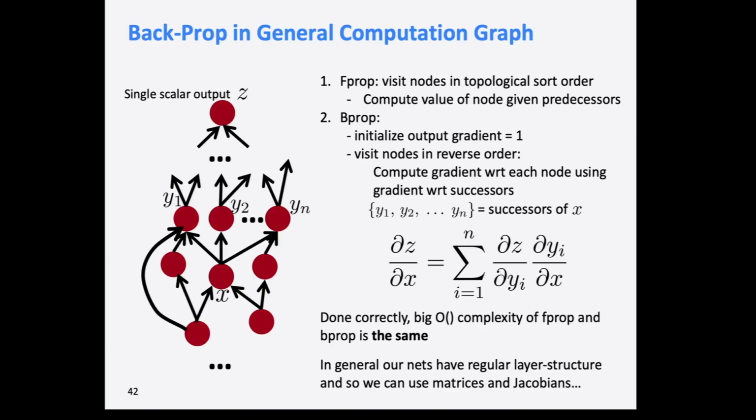Okay, so then after that we do our backward pass, and for the backward pass we initialize the output gradient with 1. The top thing is always 1, the partial of z with respect to z.